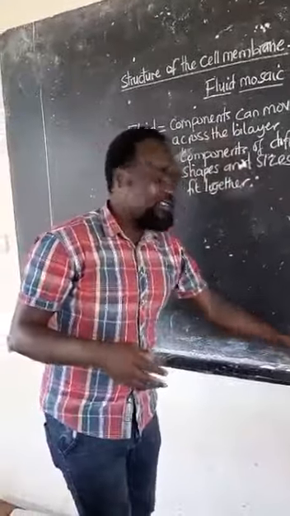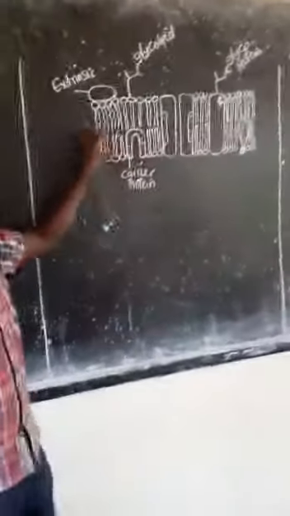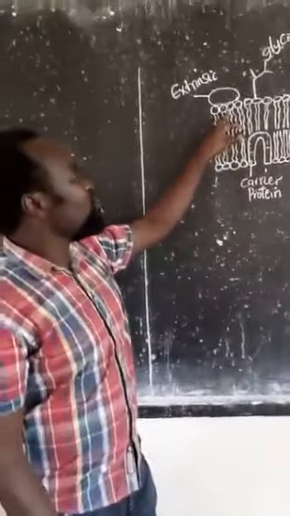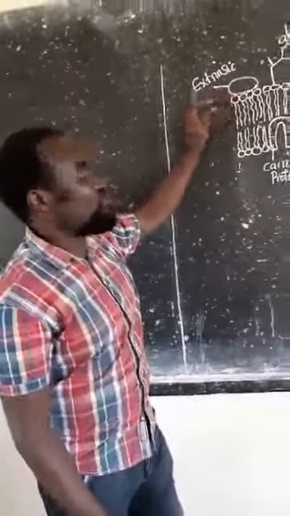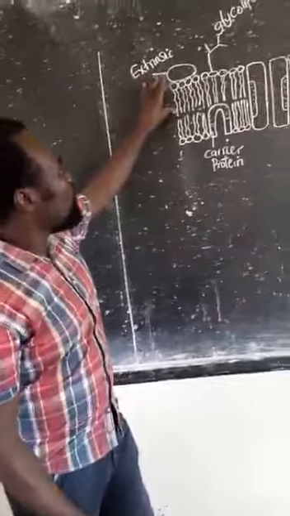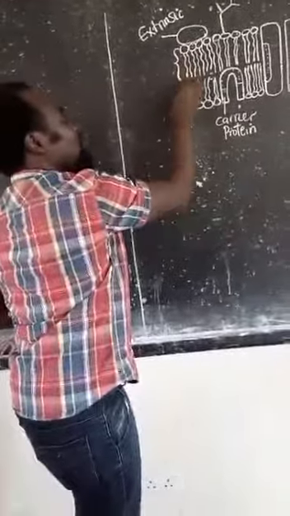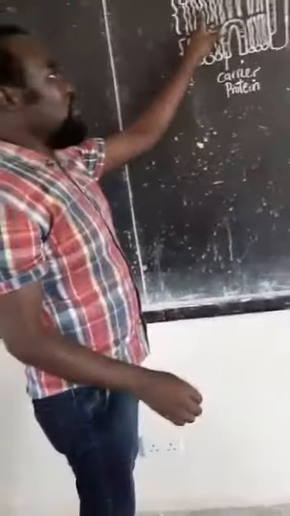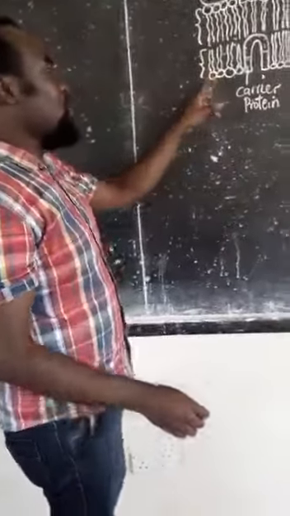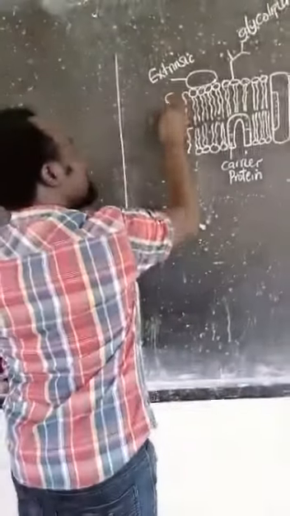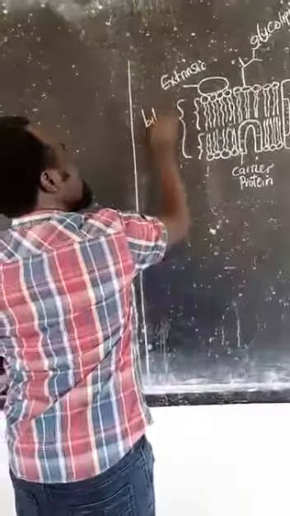What is entailed in this model? We can observe that the cell membrane is made up of two layers of phospholipids. We have this layer and we have this other layer. This is one layer and this is another layer, and the whole of this is called a bilayer.